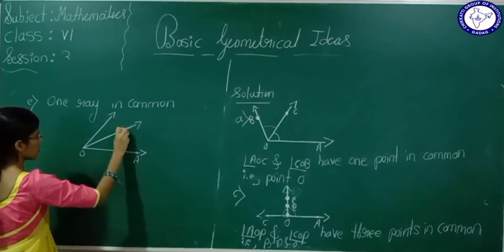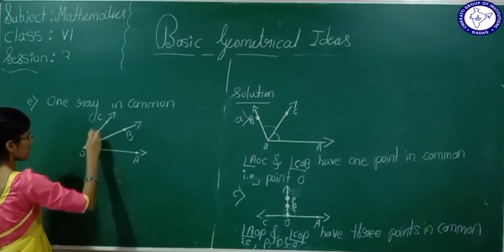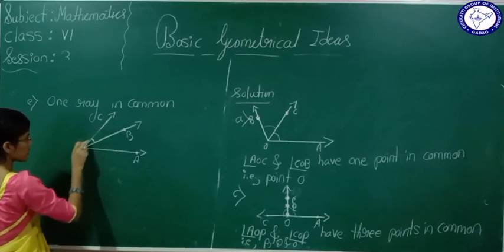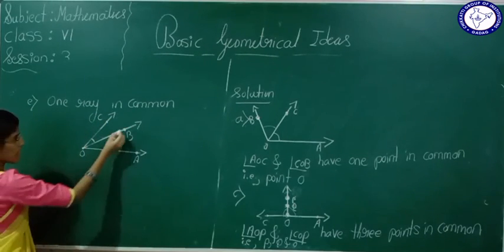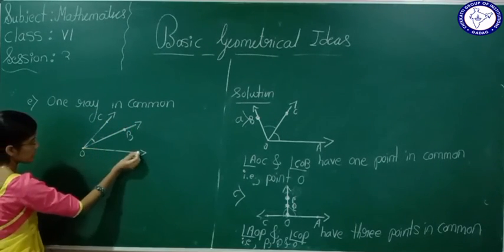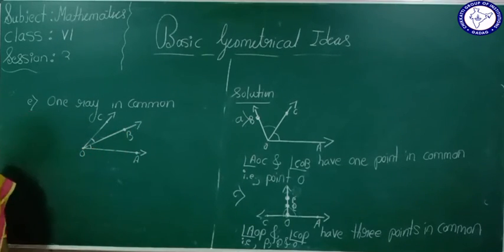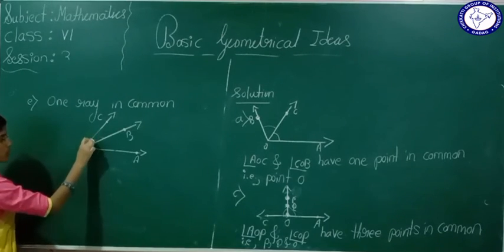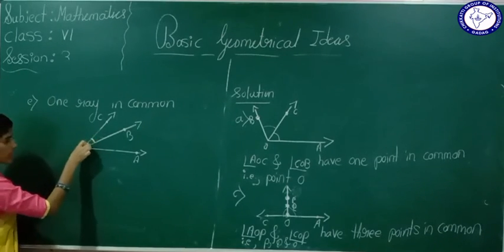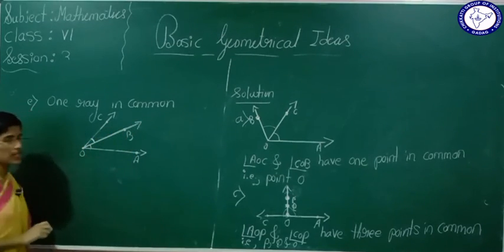A, O, B, here C. Definitely this is one angle because here 2 rays are meeting at this point, and here also this ray and this ray are meeting at this point. Definitely we are going to form an angle. Now see here for these 2 angles, which is the common ray? OB is the ray which is common.